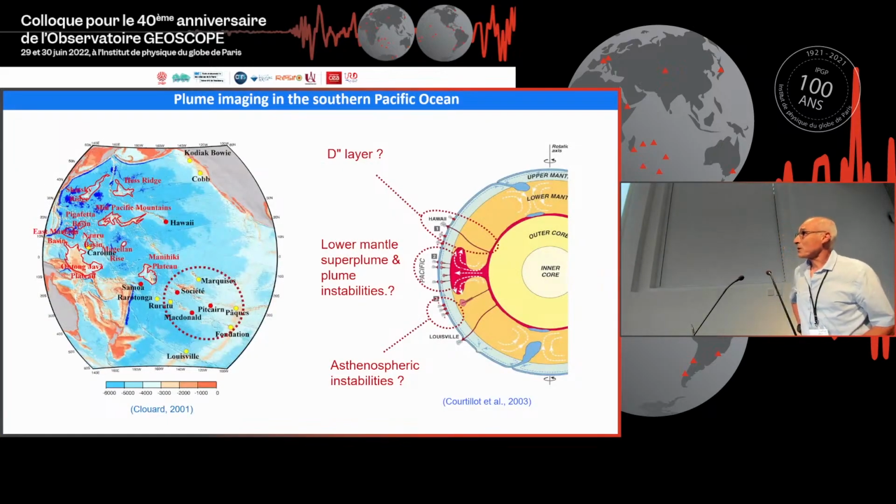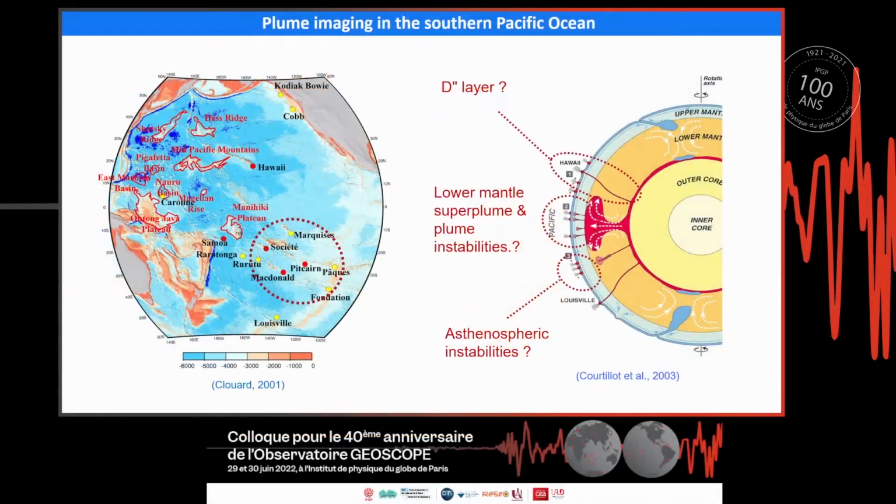The first experiment I wanted to speak about dealt with the origin of the hotspot and of the mantle plume that generated the hotspot in the South Pacific, in French Polynesia.